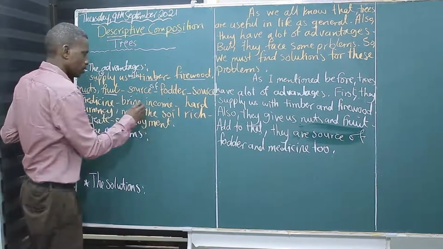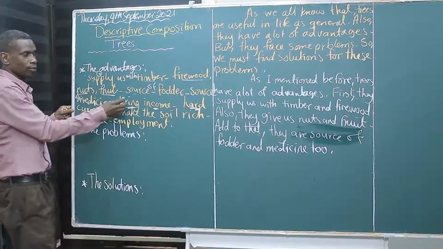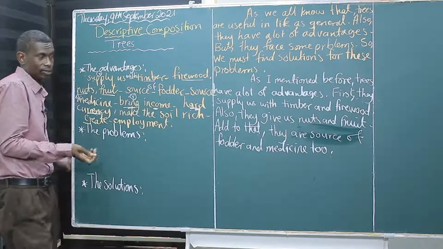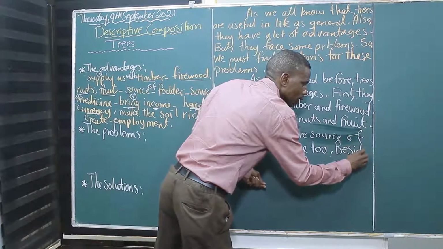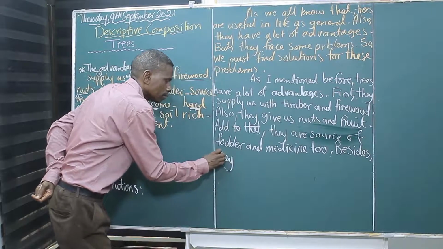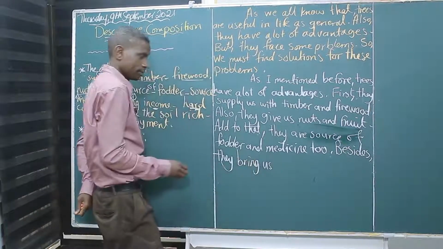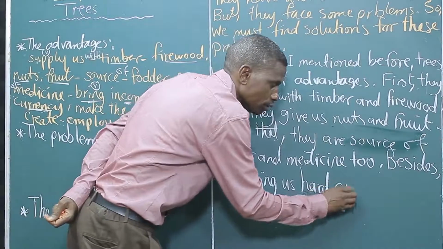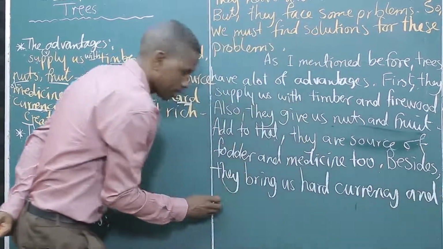Then we have bring, income, and hard currency. Bring is a verb. So trees bring us income and bring us hard currency. Besides is the keyword. They bring us hard currency and income.